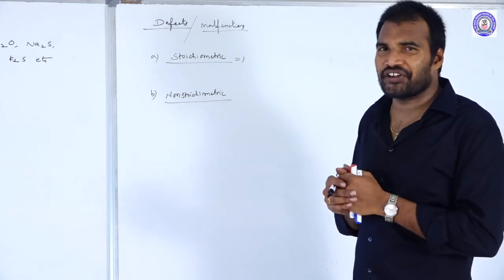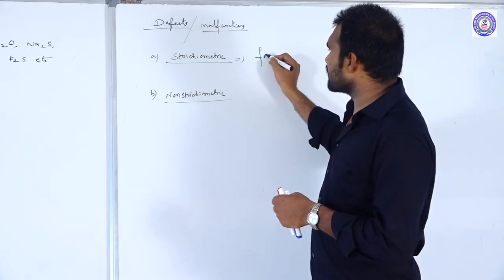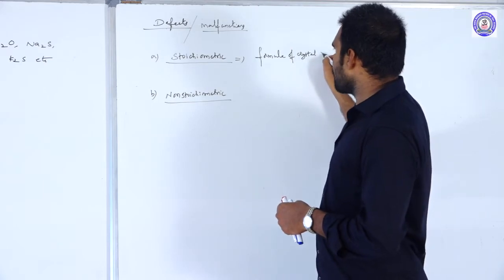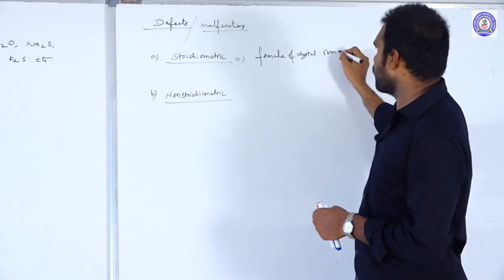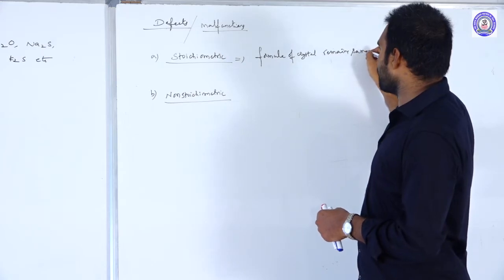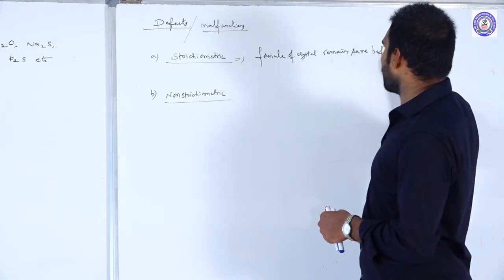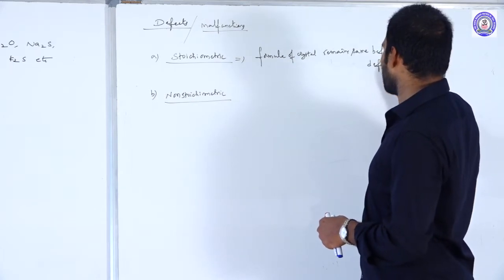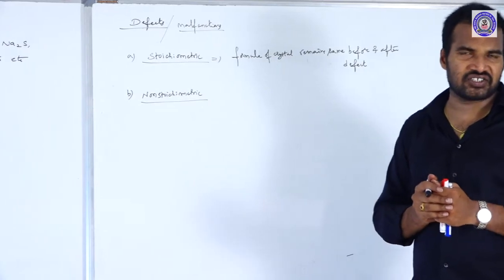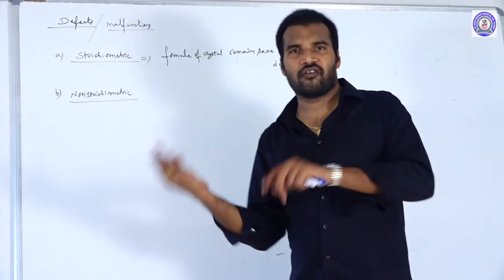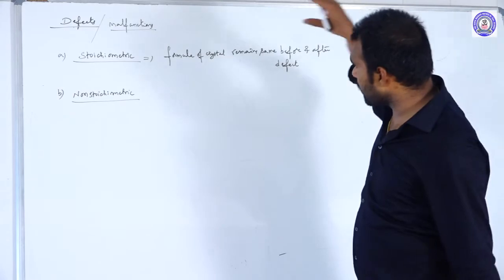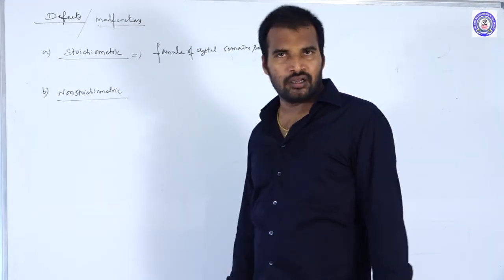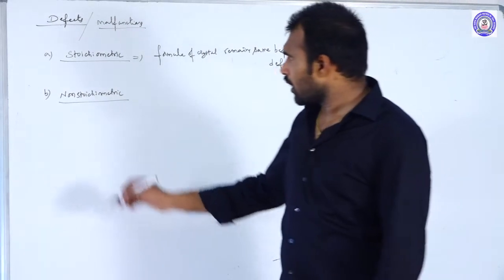Maintaining the same stoichiometry means what? The formula of the crystal remains the same before and after the defect. Even after the defects the formula remains the same. That is why we call these defects stoichiometric defects.